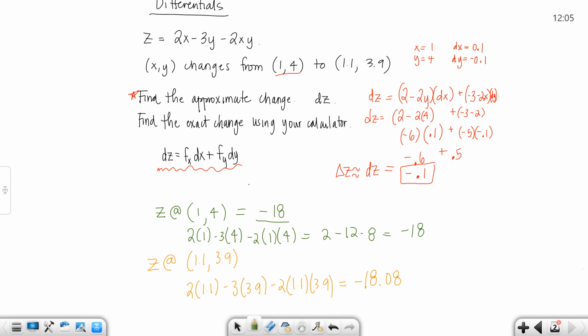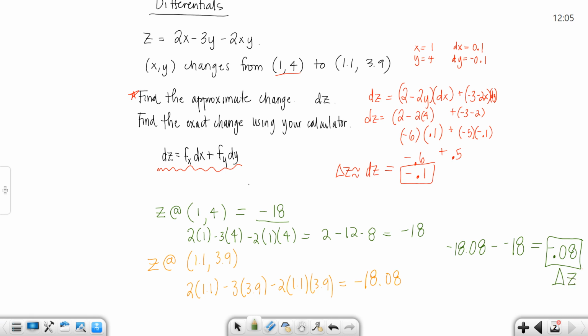Okay, so then you have to find the change. And so the change in these, let's see which way we subtract them. We're going to get a negative 0.08. That is the actual change in z.